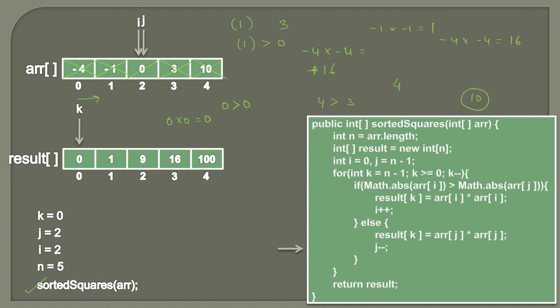Now we have used this spot, so we'll decrease j. So j becomes 1, which will point here. We'll decrement k because we have used this spot. So k becomes -1. It means it has gone outside of the boundaries of the array. Therefore this condition will come out to be false.